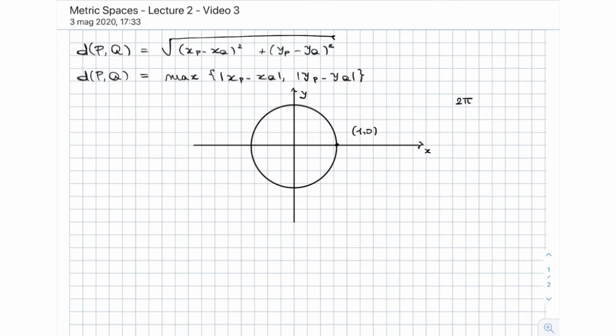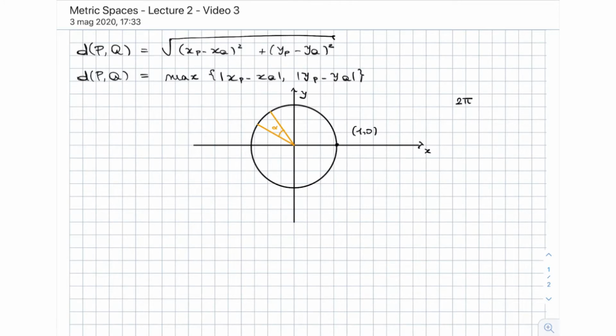In order to make this computation, we will consider an angular sector of the circle of width alpha.